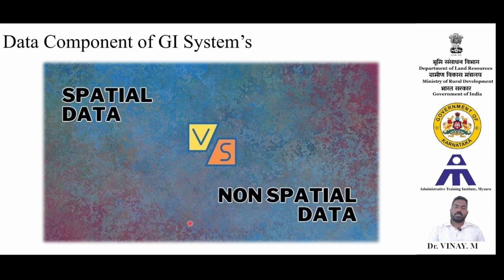So let us take the example where there is a place. Let us take the example from Mysore. In the Mysore palace, the total area, the boundary of the Mysore palace will become spatial data, and the palace name, the palace king name, number of floors, number of gates, opening time, closing time.